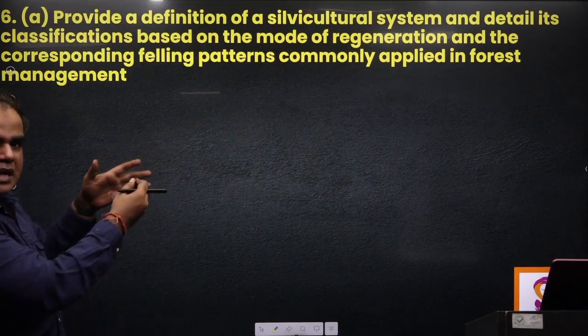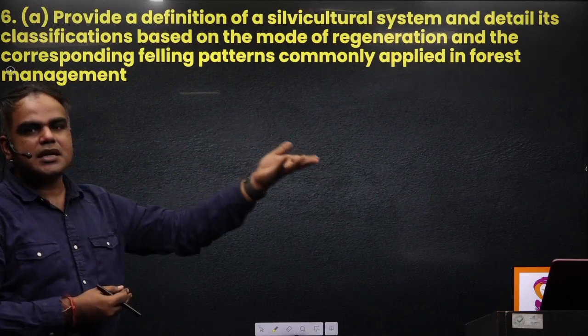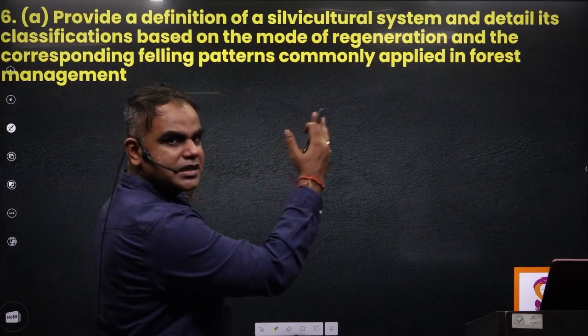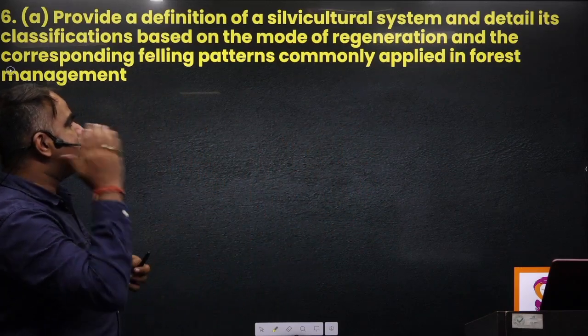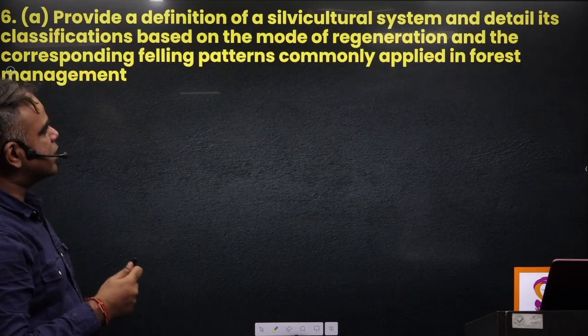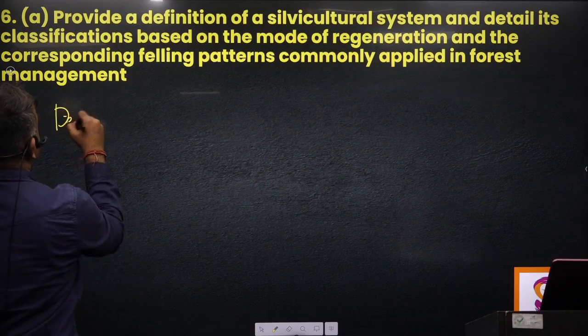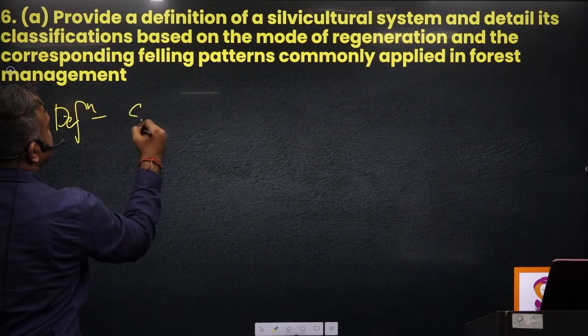Within high forest we then move into, let's say, the clear felling system and the shelterwood system. That is the kind of expectation that we have, and if you understand that diagram well, you will be able to understand a lot of these questions well. So in this question, you have to give the definition of silviculture system.